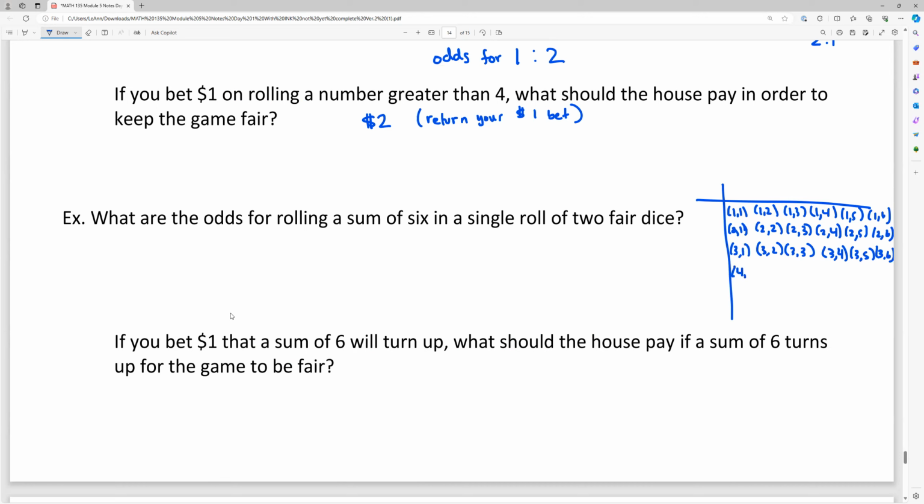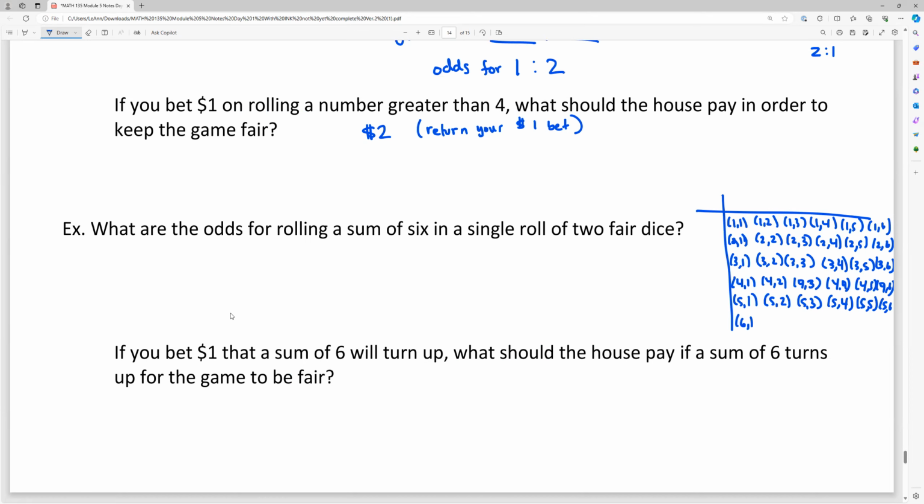Then we have 4-1, 4-2, 4-3, 4-4, 4-5, 4-6. We got 2 more rows to do. 5-1, 5-2, 5-3, 5-4, 5-5, 5-6, and then 6-1, 6-2, 6-3, 6-4, 6-5, and 6-6.